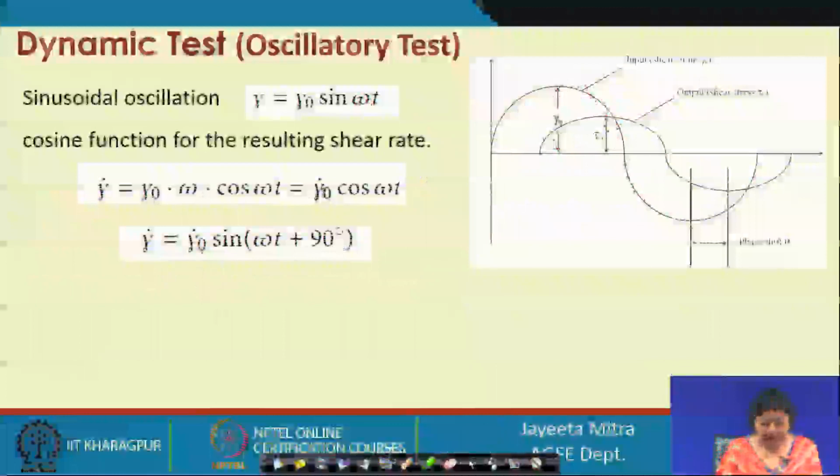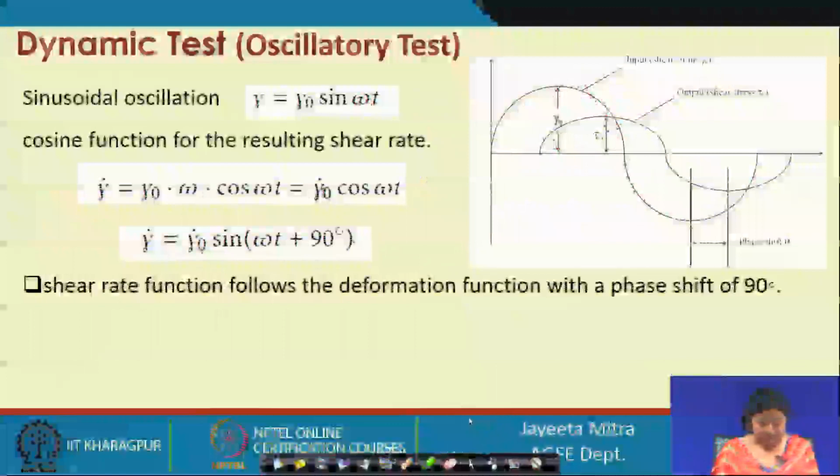That means we can observe a 90 degree shift in the shear rate. Okay. So, the shear rate function gamma dot follows the deformation function gamma with a phase shift of 90 degree.